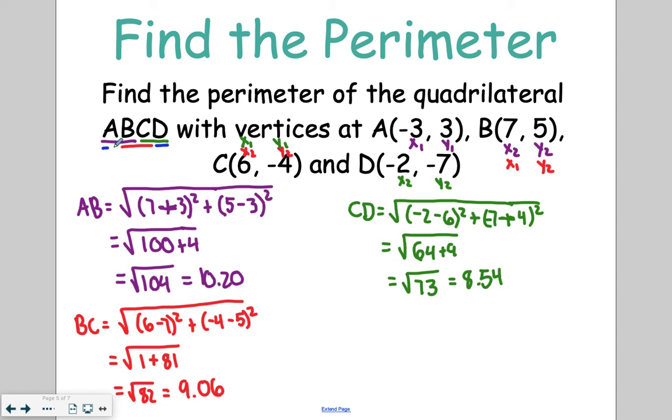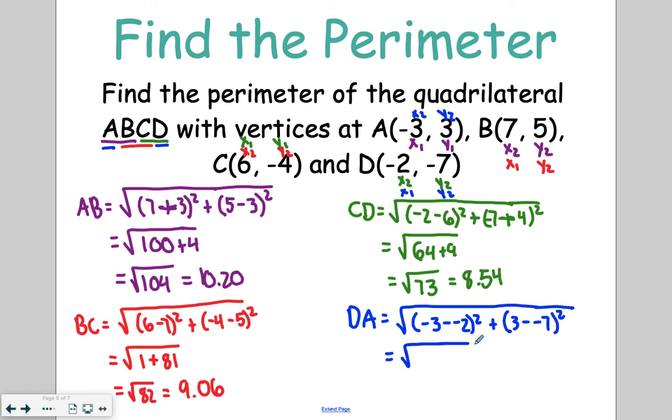Then that last side of the quadrilateral is going to wrap around. So DA. So we're looking now at side DA. So we've got X1, Y1, and X2, Y2. So we're going to start with our square root. And we've got X2, which is -3, minus X1, which is -2, squared, plus Y2, which is 3, minus Y1, which is -7, squared.